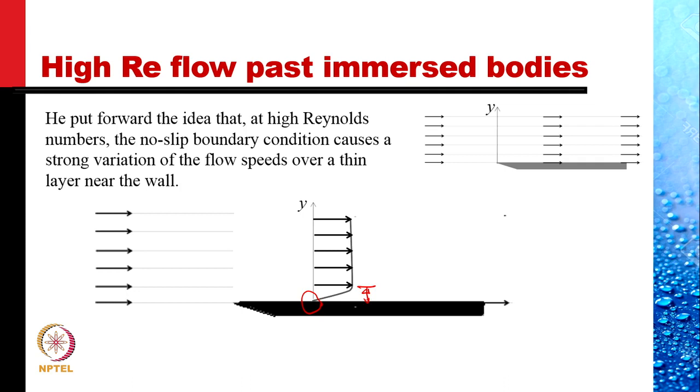So while finding out the velocity gradients near the plate, one cannot take the length of the plate as the characteristic length, but this thickness has to be taken as the characteristic length over which the normalized velocity varies from 0 to 1.